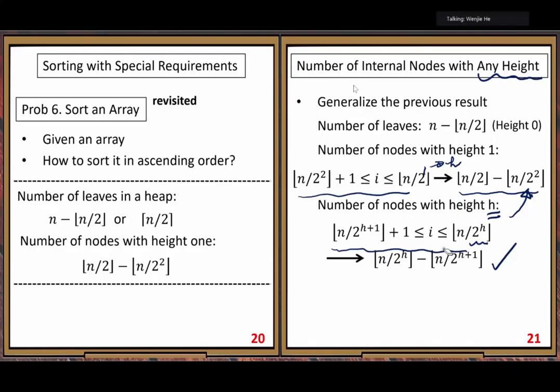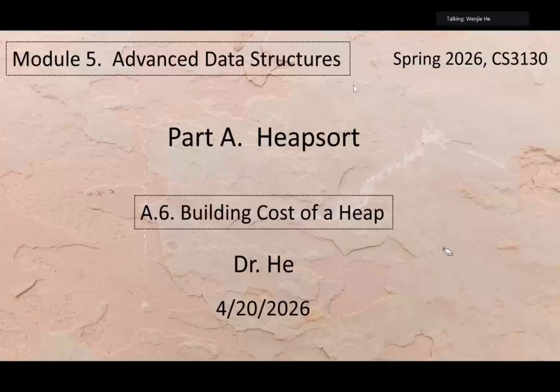When you need to fix the max heap property, you need to do the heapify operation by fixing the violations of the max heap property. Those nodes need comparisons, so we count the number of comparisons. Next topic: building cost of a heap.